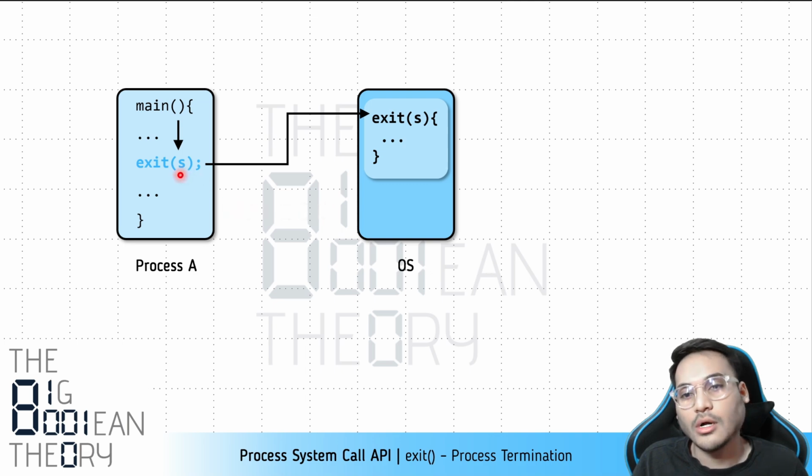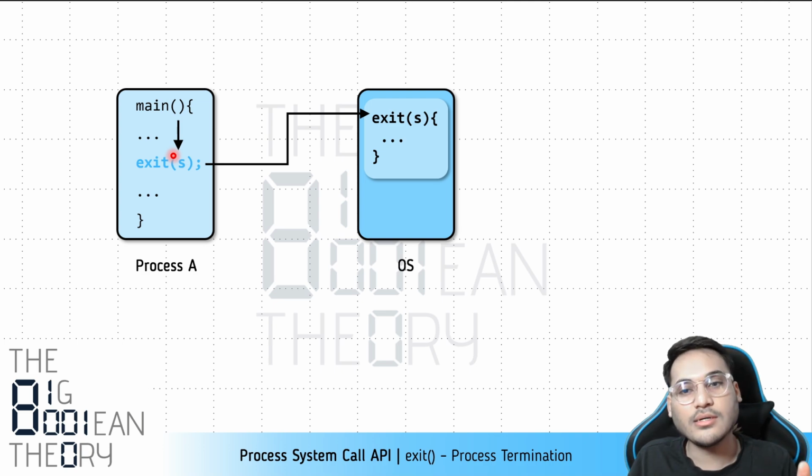So here, what we are passing to the exit system call is an integer value, which signifies the status of exit, right? As we discussed earlier, it is a standard practice, an agreed upon convention, that zero signifies that the process has exited in a successful way. The job it was doing was properly done. If the process returns some other value, then it can be used to signify some kind of error.